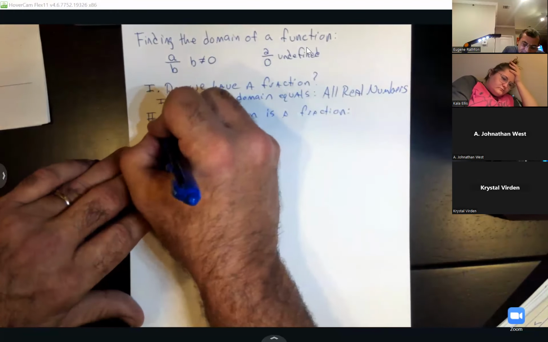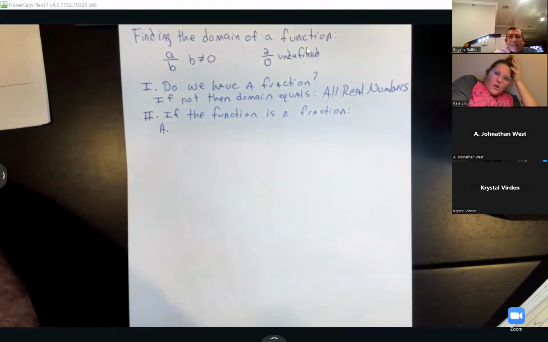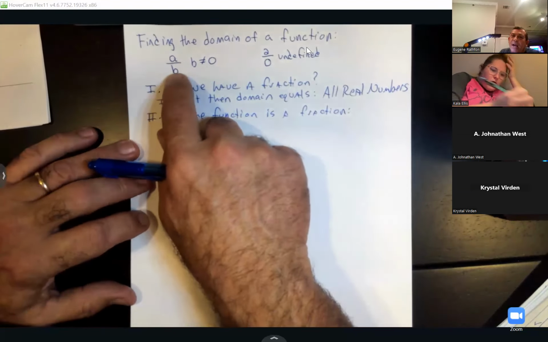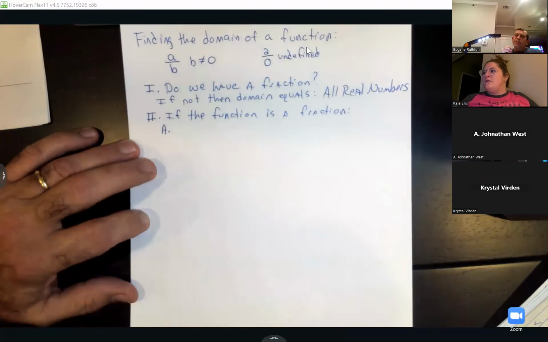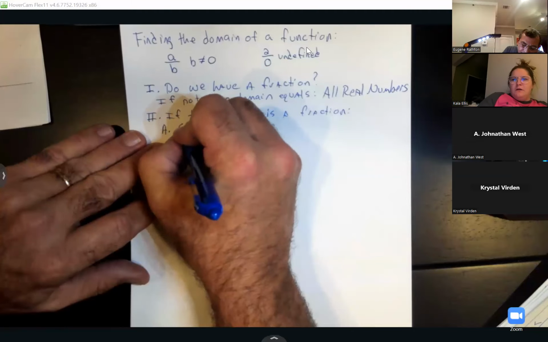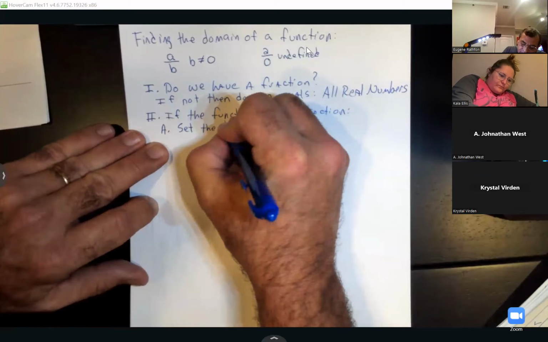well, think about this. With my fraction, I didn't care if the top was a zero, y'all. The top could be zero all day long. I'm only worried about that denominator not being zero. So since I'm only worried about the denominator equaling zero, I set the denominator equal to zero.